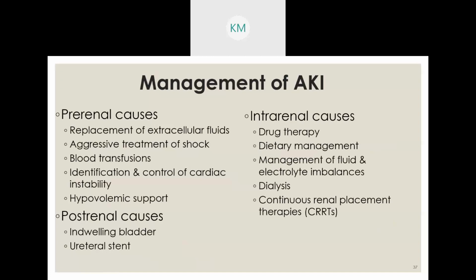All right, so how do we do this? Remember, pre-renal conditions are usually reversible if renal perfusion is quickly restored. So timely replacement of extracellular fluid and aggressive treatment of shock may help prevent acute renal failure, or AKI. Now, blood loss calls for a transfusion, whereas pancreatitis and peritonitis are usually treated with isotonic solutions, like normal saline.